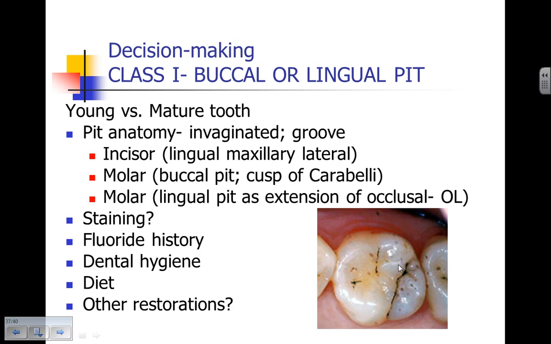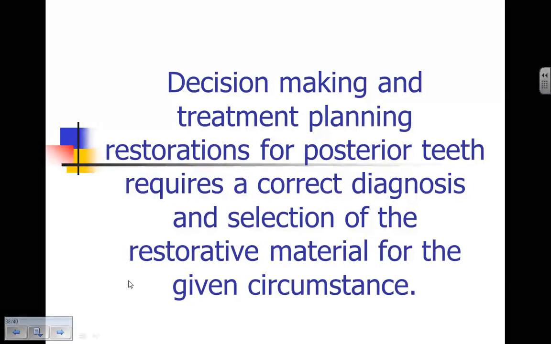On the distal and occlusal pit and fissure, extending onto the lingual surface. And once again, we're looking at the staining and discolorations to make that decision, the appearance of that invagination, the patient's history of fluoride usage, how they're keeping it clean or maintaining it, and their diet considerations. Notice if there are other restorations present that will help us in making that decision.